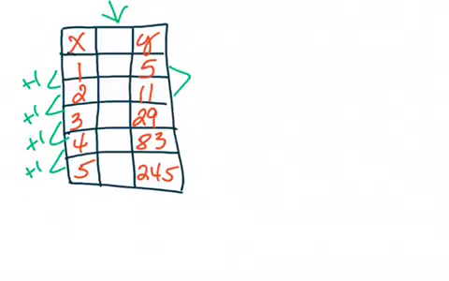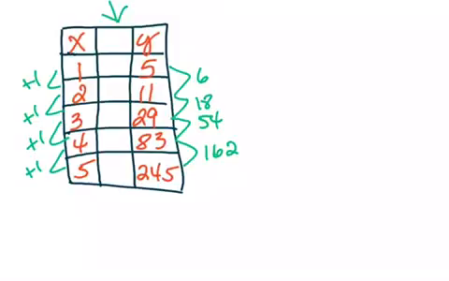This difference is 6. From 11 to 29 is 18. To get from 29 to 83, you have to go +54. And then to get from 83 to 245, you have to go +162.